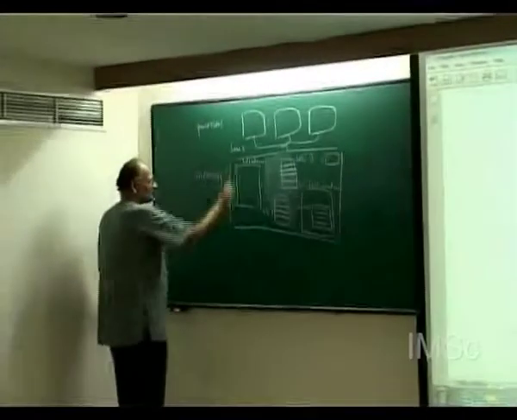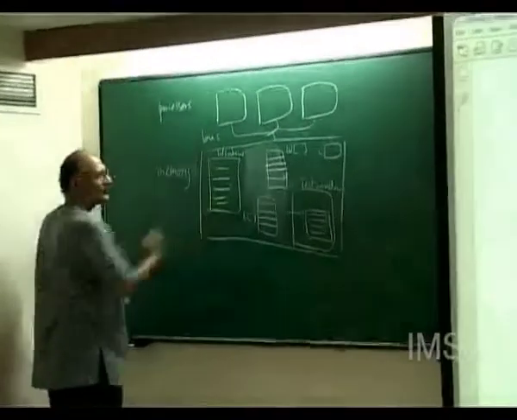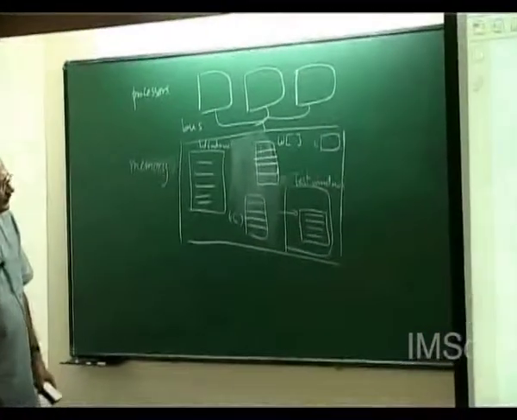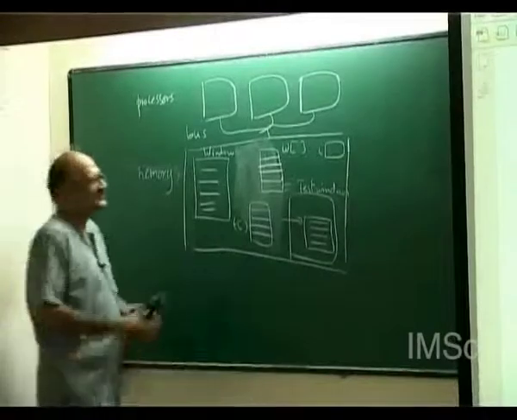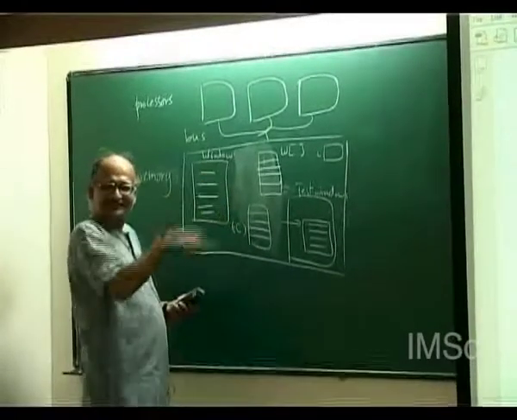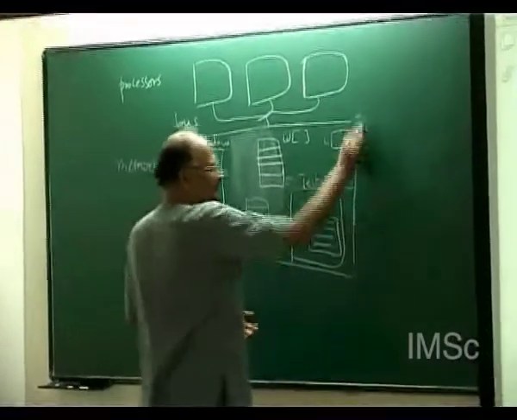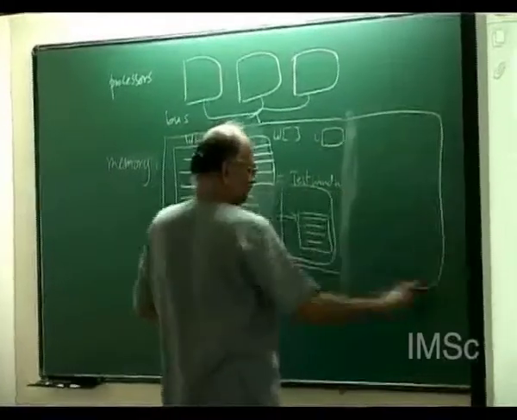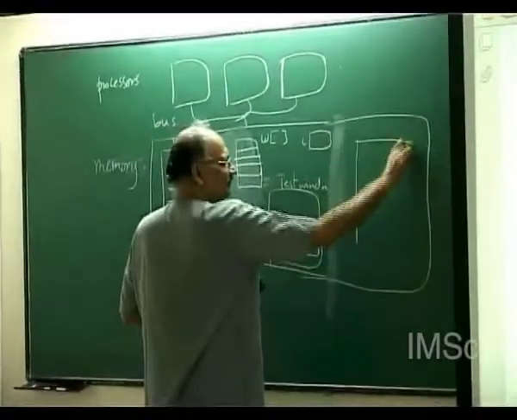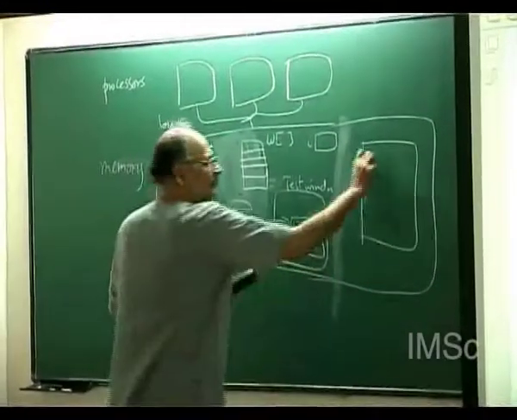So here's the class Windows; let's say this is what it looks like. Now what is an object of class Windows? Is it a copy of this?